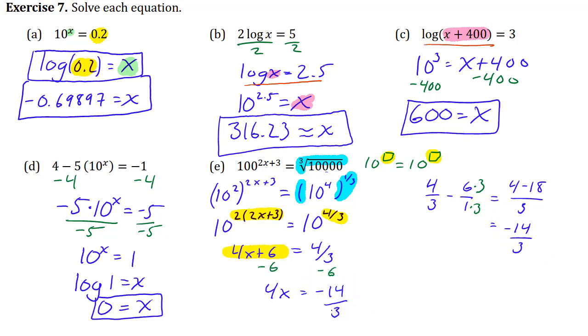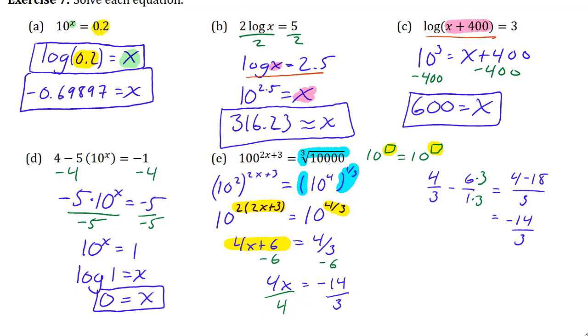And then we can cancel out the 4x by dividing both sides by 4. And you might want to think of dividing by 4 as times 1/4 here to make it easier to combine these fractions.